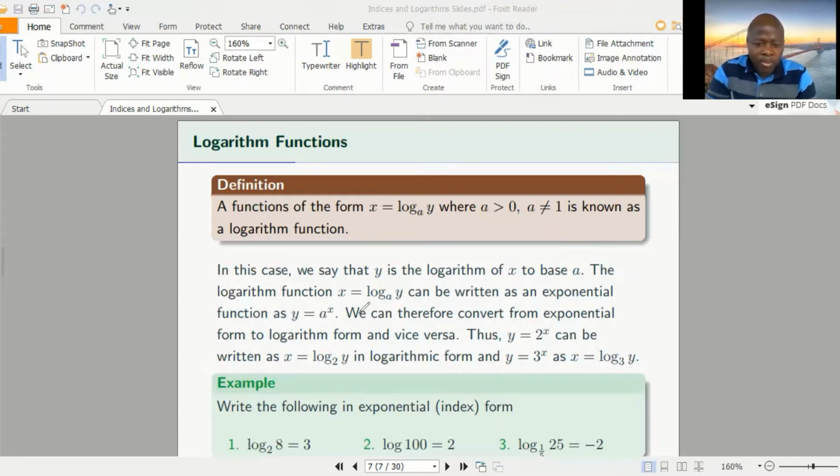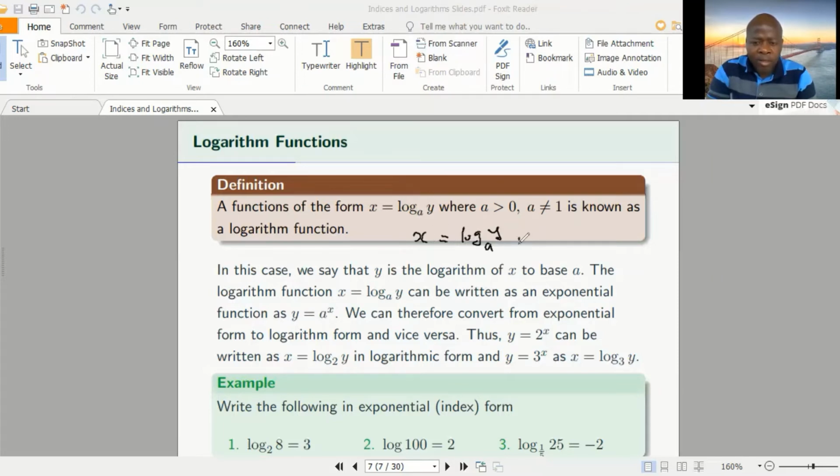Now, you can write this in exponential form. If you're given that x is the logarithm of y to base a, then you can write it in index form or in exponential form. For us to write this in index form, we drop the log here and interchange the power.